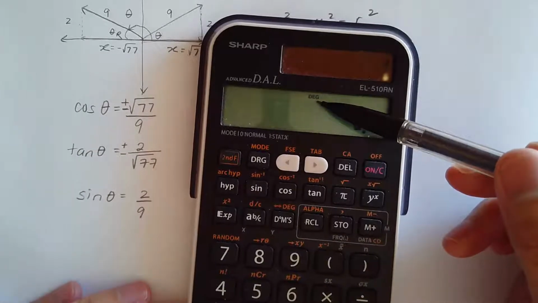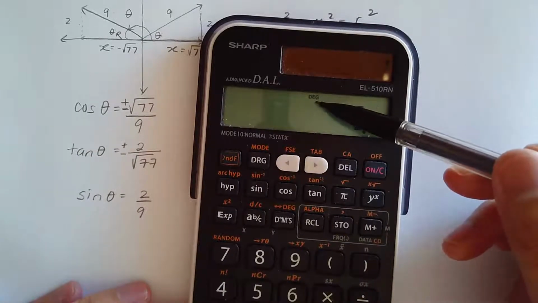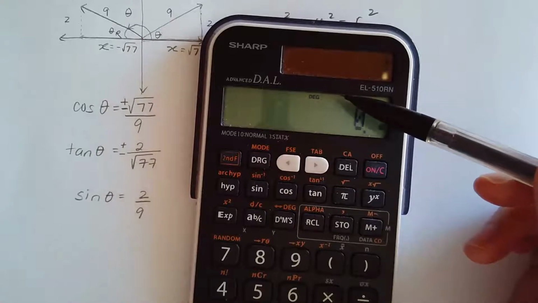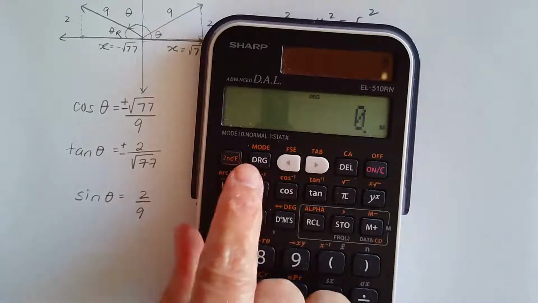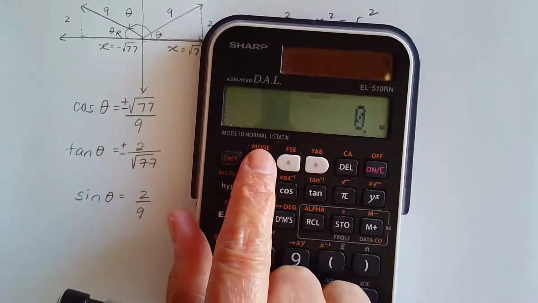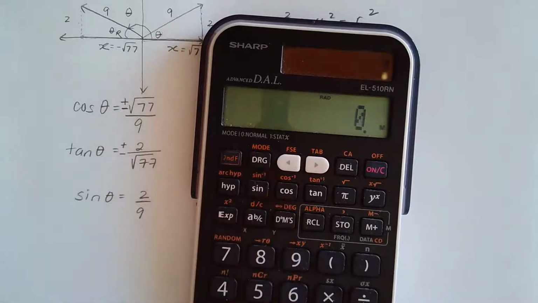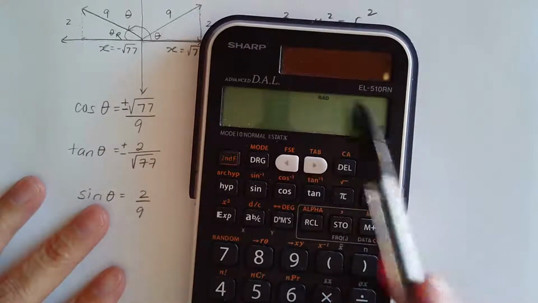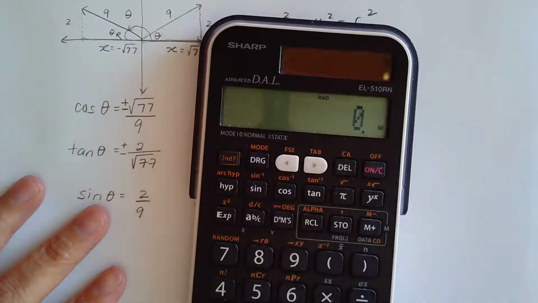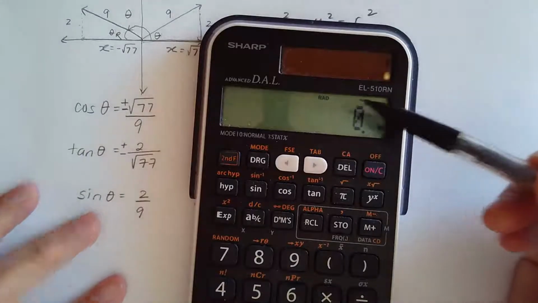We have to change that. Mine says degree in here. Each of our calculators is different, so we just have to change it to radian mode. If you need help figuring that out, just let me know by email, and then maybe I'll walk you through that. But it has to be radian.